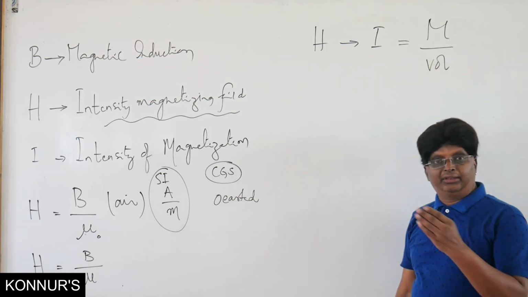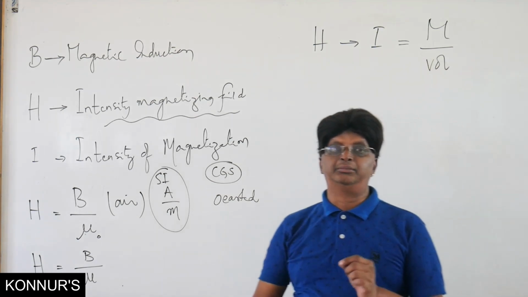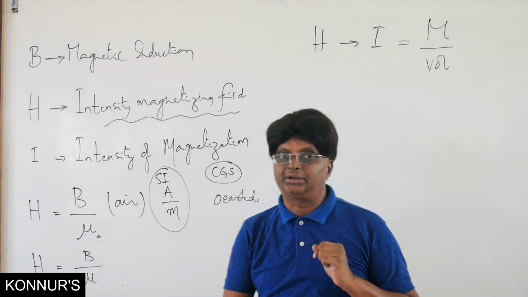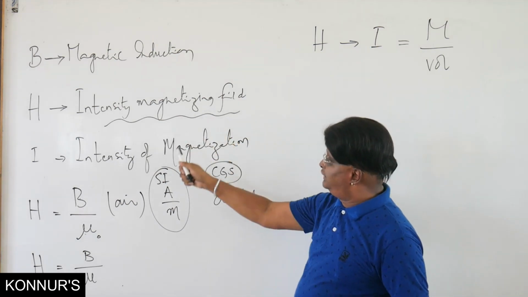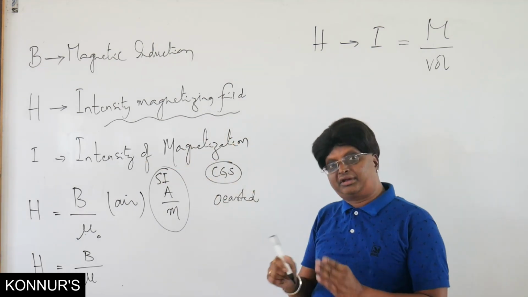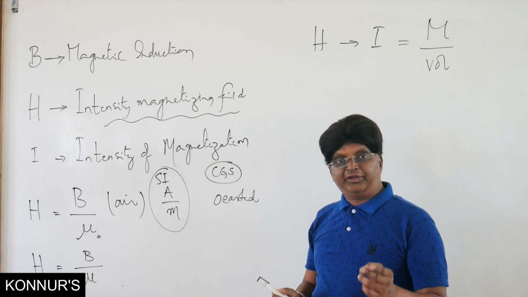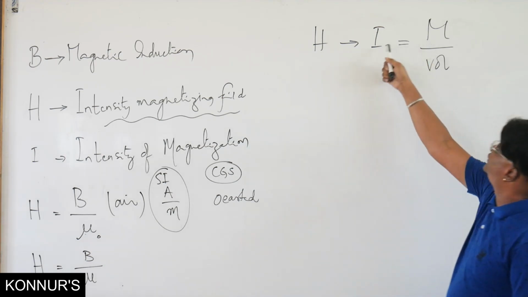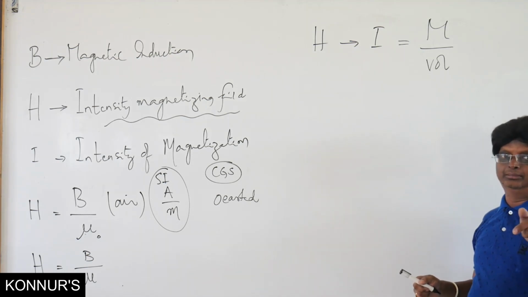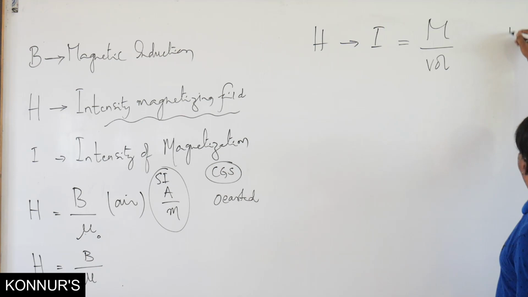I have told you even in the last classes that symbols are very important. In the NCERT book, capital M is used for this intensity of magnetization, which I am using as I. Don't get confused. NCERT says M is equal to small m by capital V, V for volume.